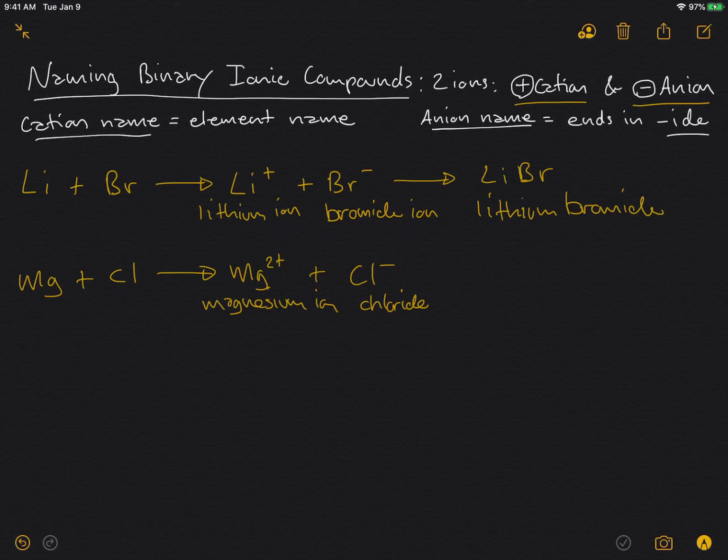So the cation in this case has a 2 plus charge. The anion has a 1 minus charge, so that means you're going to need 2 of those anions to make the formula MgCl2, which is just called magnesium chloride.